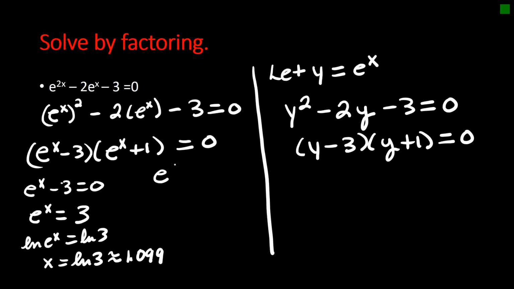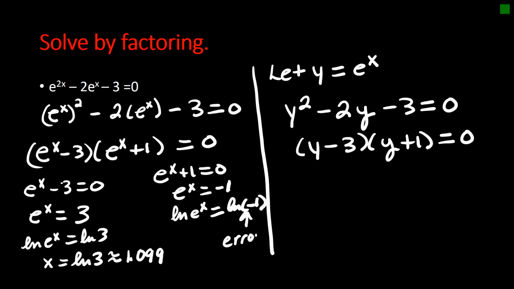We look at the other one, e^x plus 1 equals 0, means e^x equals negative 1. And when you take the natural log of both sides, natural log of e^x equals natural log of negative 1. Now, if you try to put natural log of negative 1 in your calculator, you're going to get an error message because you can't take the natural log of a negative number.